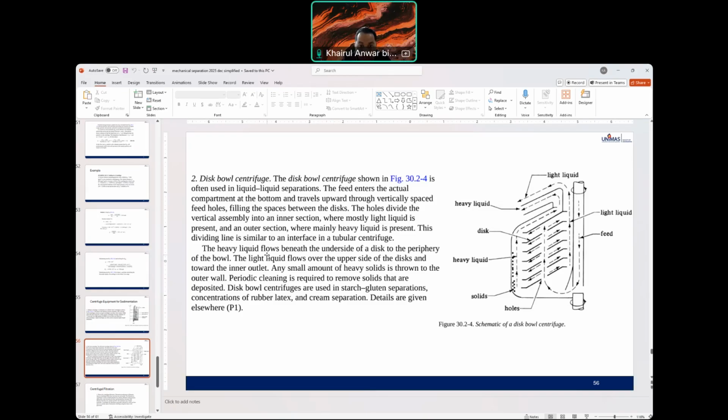The light liquid flows over the upper side of the disc toward the inner outlet. Any small amount of heavy liquid and solid is thrown to the outer wall to remove solids that are deposited. So this is used for starch-gluten separation, concentration of rubber and other separations.